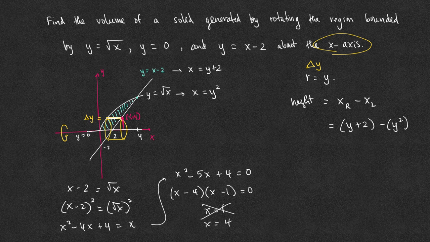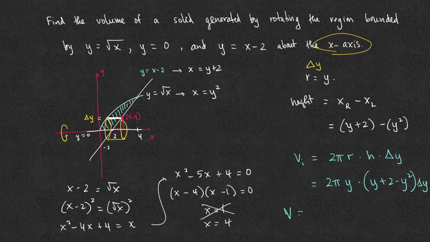Using the shell method, the volume of a representative shell is 2 pi r, which is the circumference of the shell, times the height times the thickness, but the thickness is delta y in this case. The radius is y. The height is y plus 2 minus y squared, and the thickness is delta y.